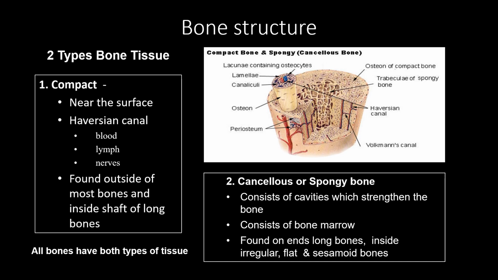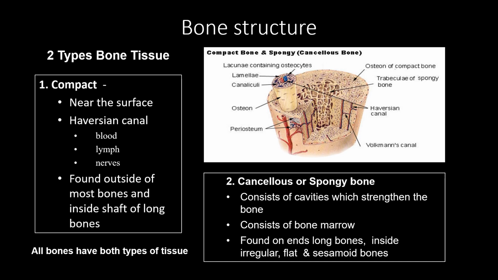They need to give off carbon dioxide as they use up that oxygen, which is where the blood takes the oxygen to the cells and brings the carbon dioxide away. The lymphatic system is about defense and toxin and waste product removal. And the nerves need to send messages to and from the brain. So we need blood vessels, lymphatic vessels, and nerves for all our bone tissues and cells as well. And they run through the Haversian canal of that compact tissue.